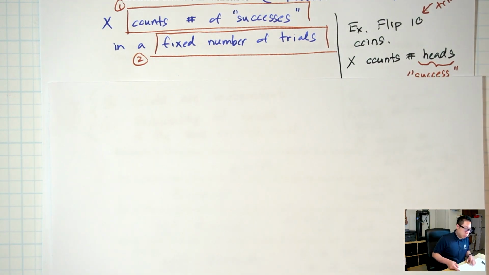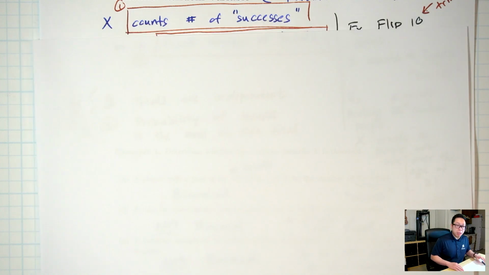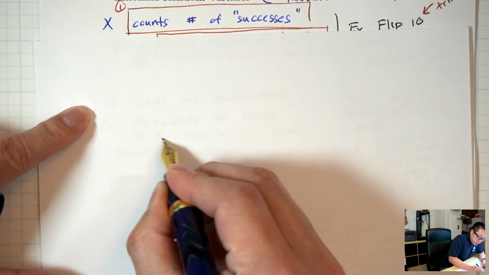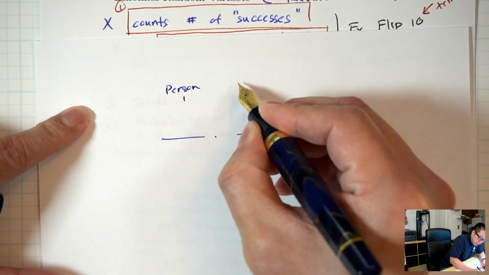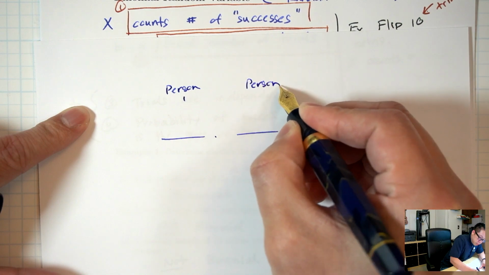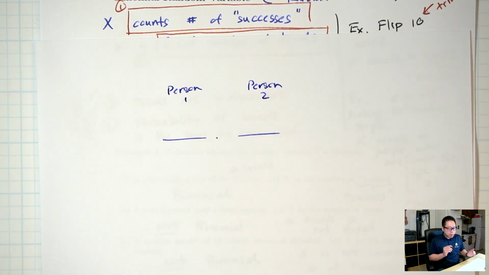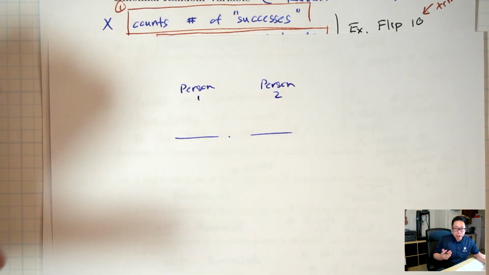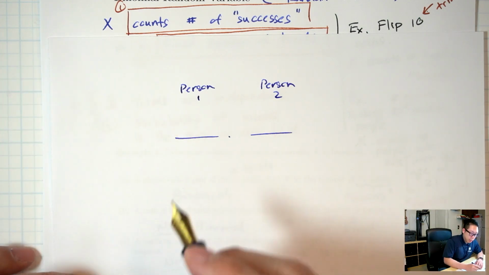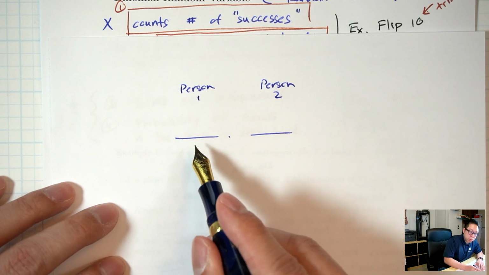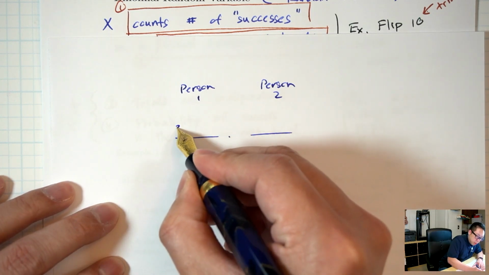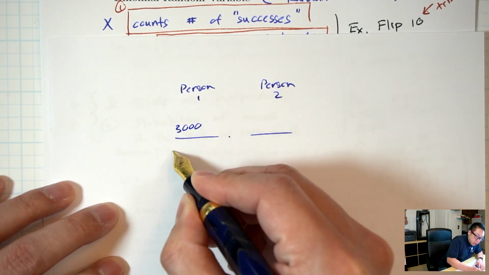Remember, when we pick multiple people, you end up with multiple fractions that you're multiplying together. Let's pretend that the population has 10,000 people, and 3,000 of them support the mayor. The probability that the first person supports the mayor is 3,000 out of 10,000.